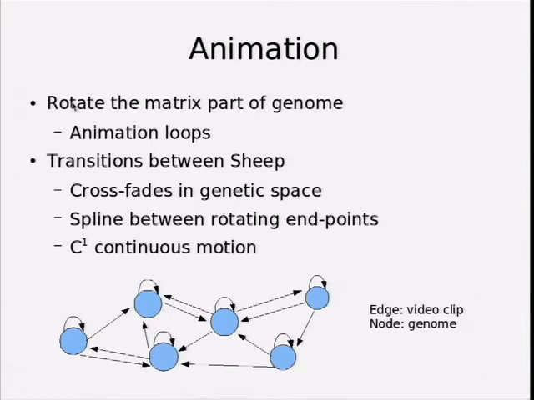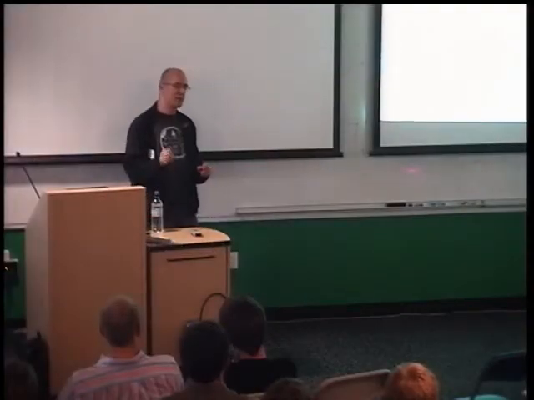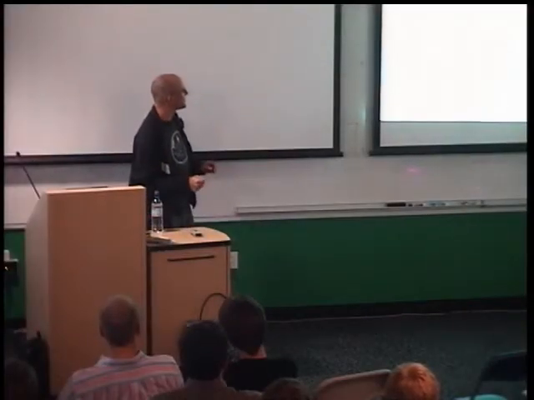It also makes transitions, so between any two parameter sets, between any two genomes, you can do a smooth morph by interpolating in the genetic space, and then you'll also get an interpolation in the image space that has the same endpoints.